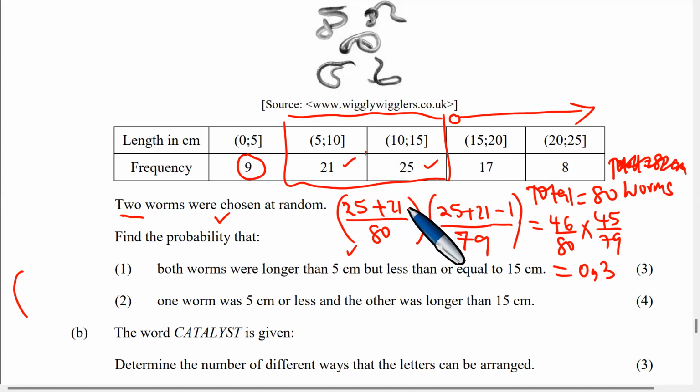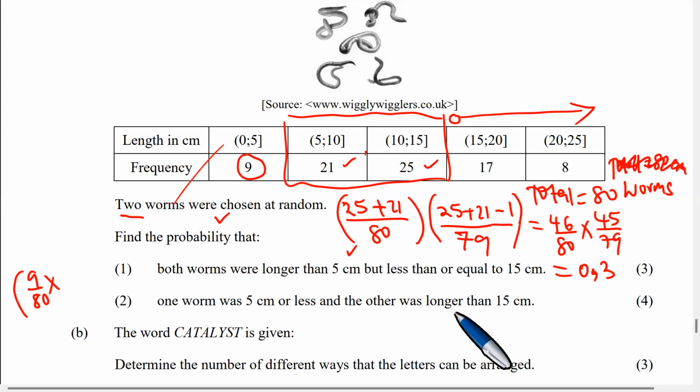So now if you look at the fact that one worm was 5 centimeters or less, in other words, you are dealing with 9 out of 80. Okay. So here you have 9 out of 80. Simultaneously, one worm was 5 centimeters or less, and the other was longer than 15.